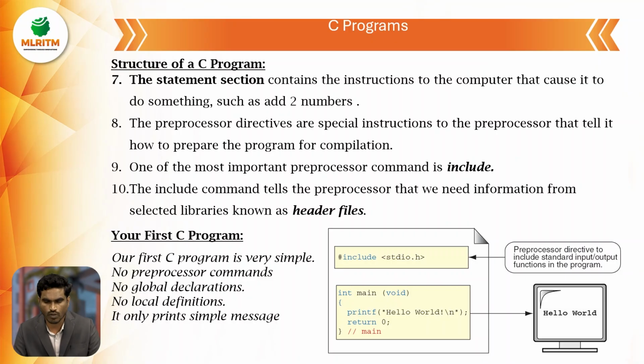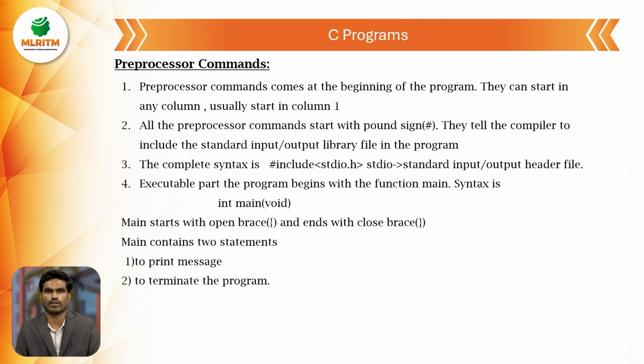Here there is no variable declaration, no global declaration, no local declaration, and it only prints a message. We are going to print a message without using local variables and global variables.